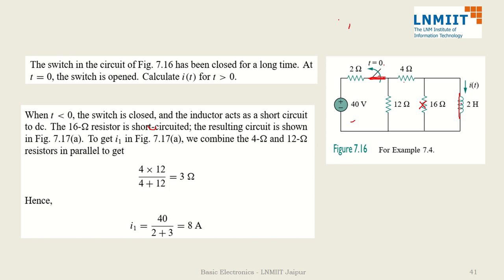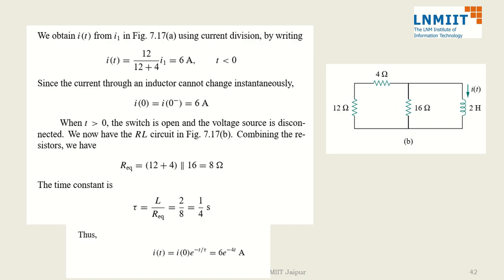So 4 ohm is parallel to 12 ohm, in series with 2 ohm, and 40 volt is the source. 4 and 12 will make 3, 3 plus 2 is 5, and 40 by 5, 8 ampere is going from here. Out of 8, 6 will go here, 2 will go here. So iL at t equal to 0 minus will be 6 ampere.